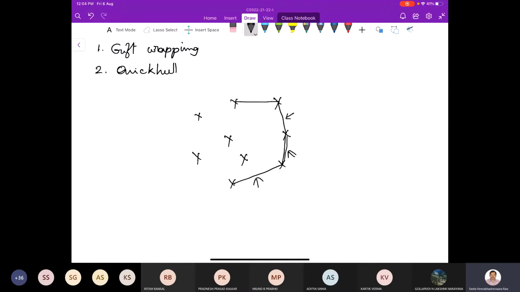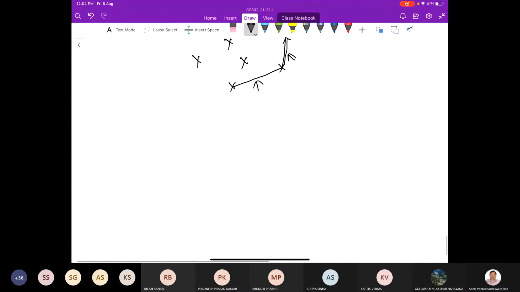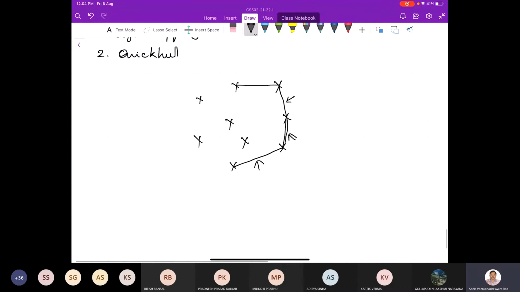Let's see. Maybe we can take the same example here. So now we know that this is what is given to us: one starting anchor edge. If you want to find the next one, that is this edge. So how can we do it?